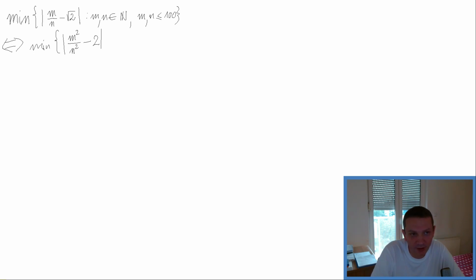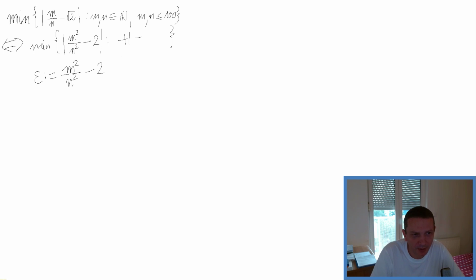So we are actually looking for the same minimum as here. Let me denote that quantity inside the absolute value with epsilon. So epsilon will be some small number close to 0, maybe negative.